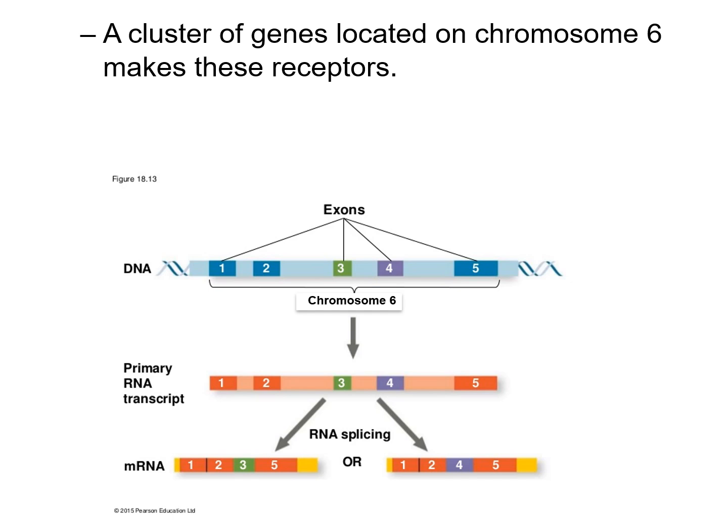So what makes those receptors that help the body identify self? A cluster of genes located on chromosome 6 will make these receptors.